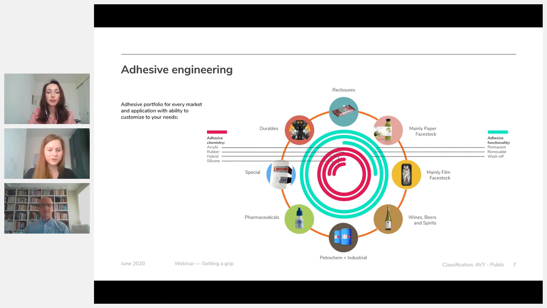We also have 2 following questions: which functionality are you missing in the adhesives you use? And the third one, which applications require your knowledge of adhesives? Please, if you can spend 2 minutes to quickly answer the questions, that would be much appreciated. Thank you. We've got some first feedback.